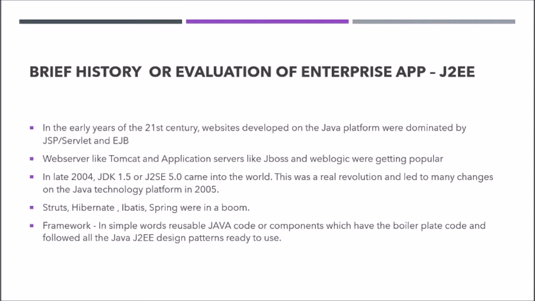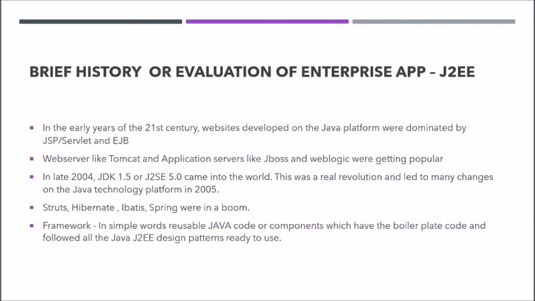With respect to J2EE, the early years of the 2000s were dominated by JSP, servlets and EJB. People used web servers like Tomcat and application servers like JBoss and WebLogic.